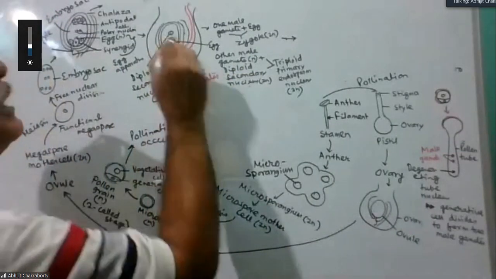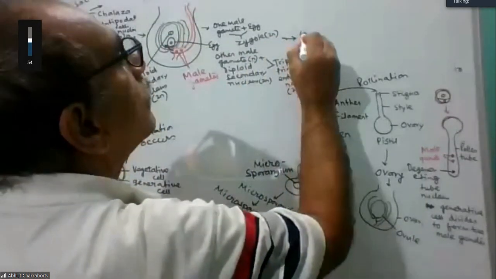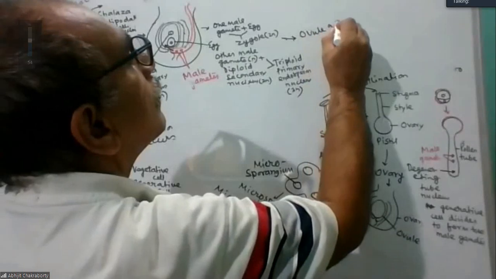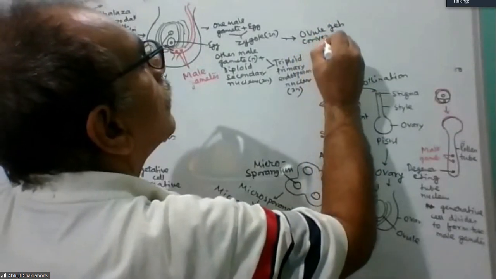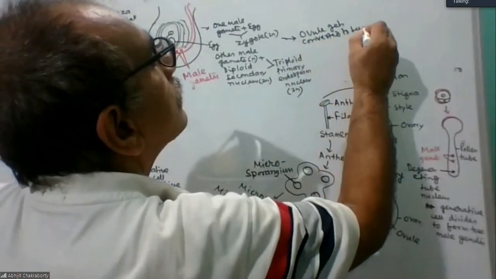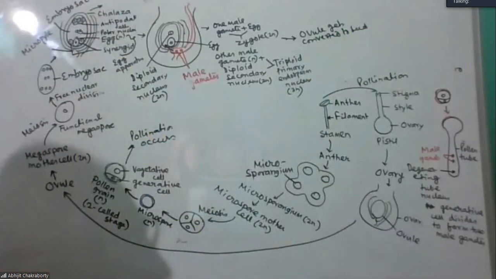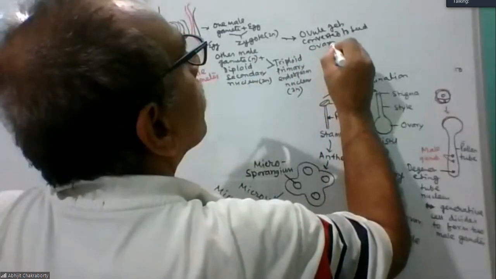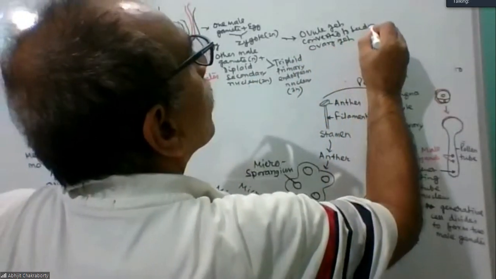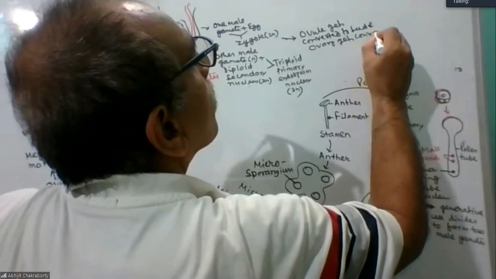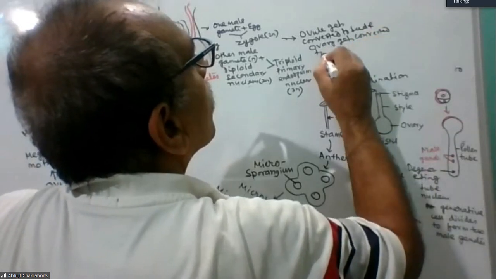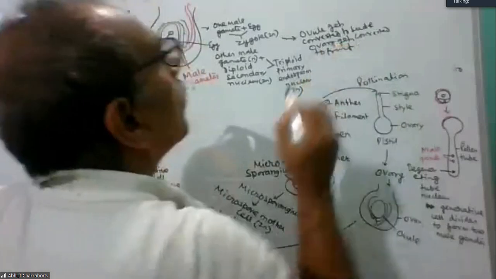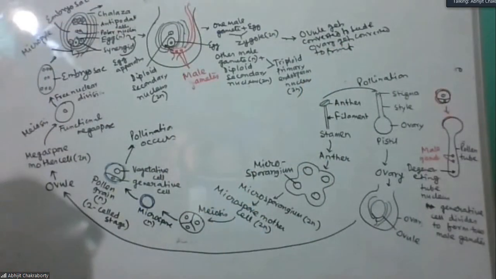After that, the ovule gets converted to seed and the ovary gets converted to fruit.